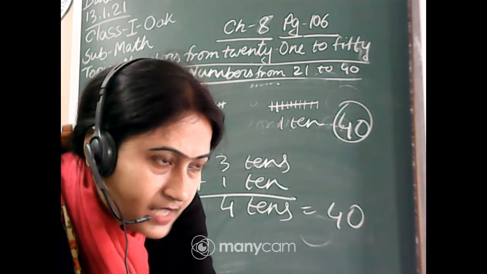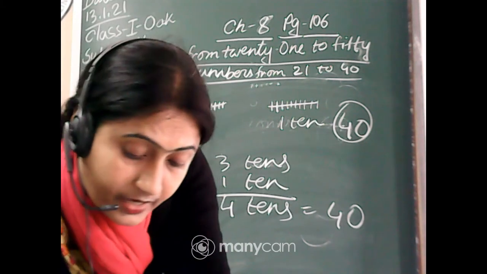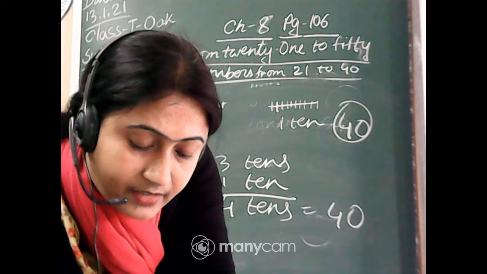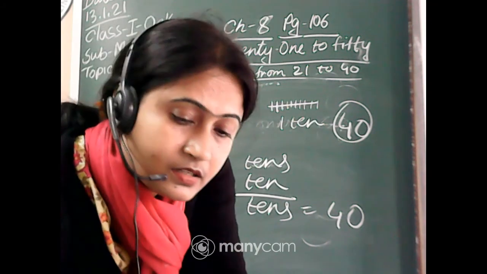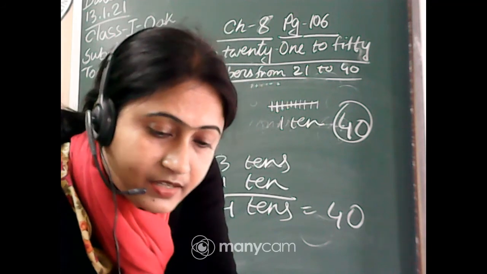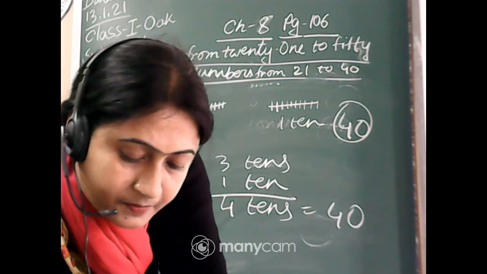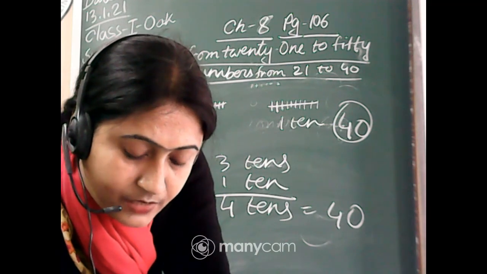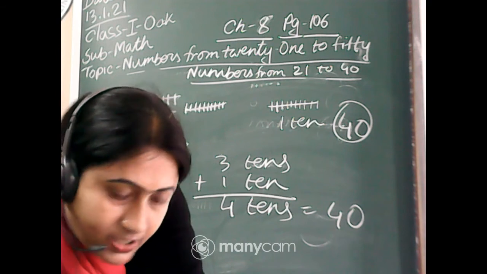Next class, I will discuss page number 107 and 108. After completion of this chapter, I will discuss the project. I will give you a project on tens and ones. Using matchsticks, you have to make this project. Okay, I will discuss later on.